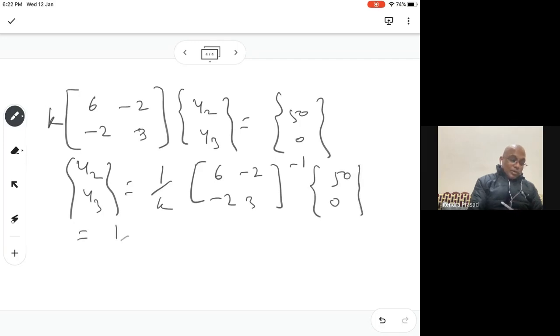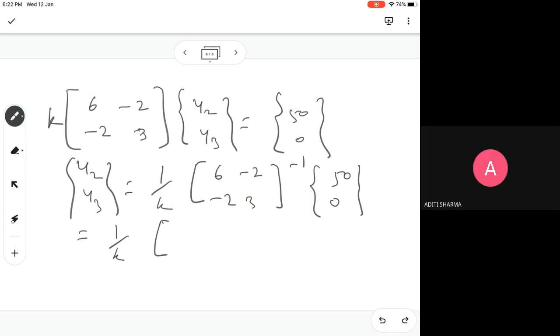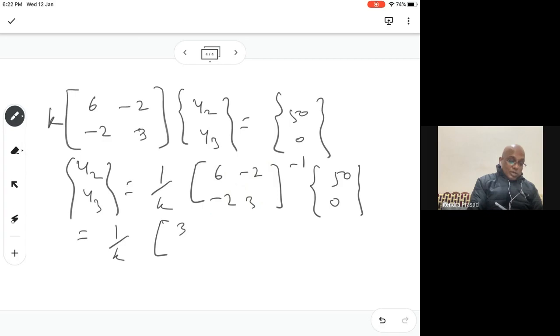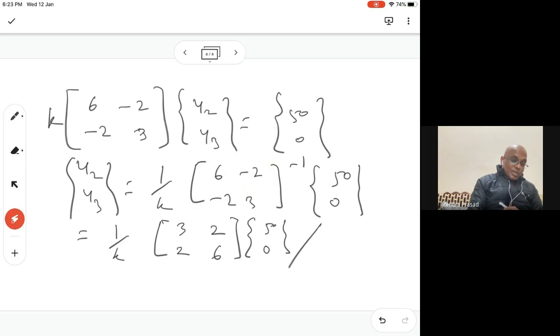We interchange the diagonal terms and negate the off-diagonal ones, so 3 2 2 6, times 50 0, divided by the determinant, which is 6 times 3 is 18, minus 4 is 14.